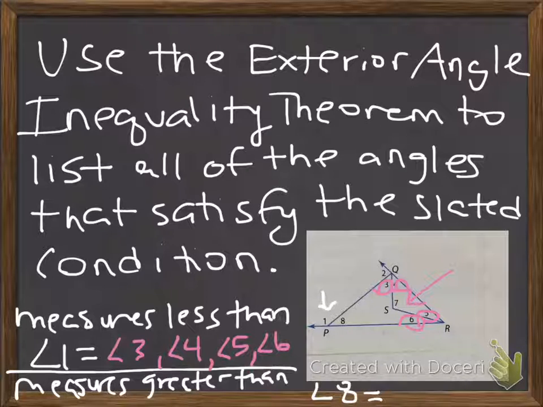And then if we're going to try and compare measures that are greater than angle 8, we want to look at any exterior angles across from angle 8, and the only one is angle 2. So that would have to be your greater than angle 8 angle.